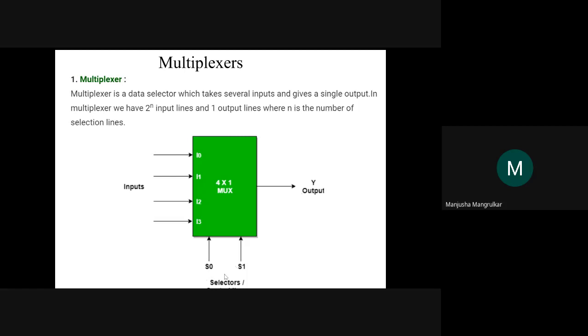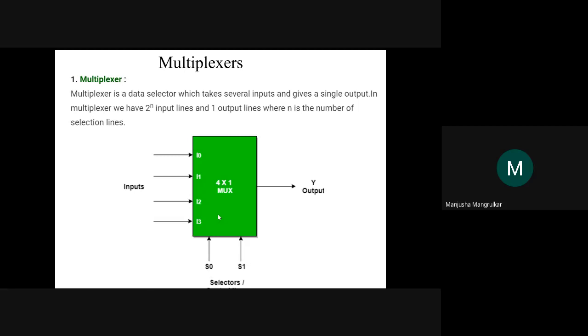Now if the selector is set to 00, then the I0 data will be at the output, right? It depends upon the data available on all these four lines, but which data has to transfer to the output Y, it will be selected only by the S0 and S1 conditions, right? So this is the function of a multiplexer.